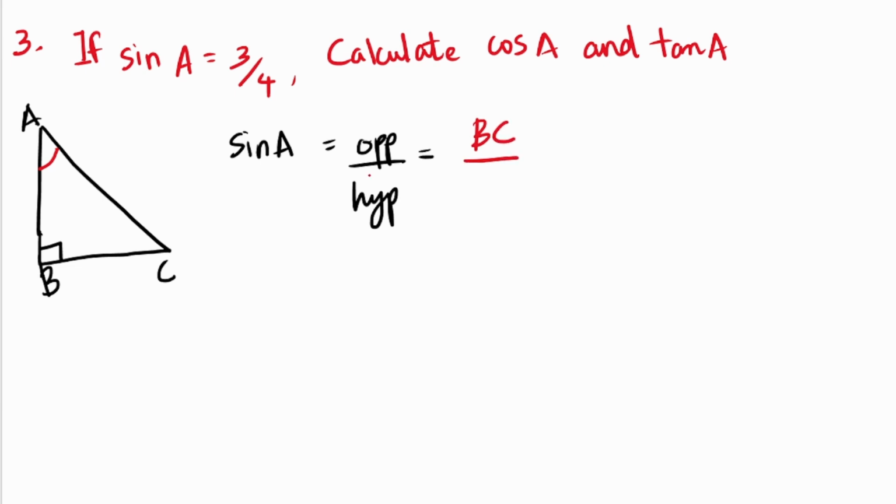So we write BC, and hypotenuse is AC, which is opposite to angle B. So it is BC by AC equals 3 by 4, and we'll write a constant K because it's a ratio. BC is 3K, right? AC is 4K.